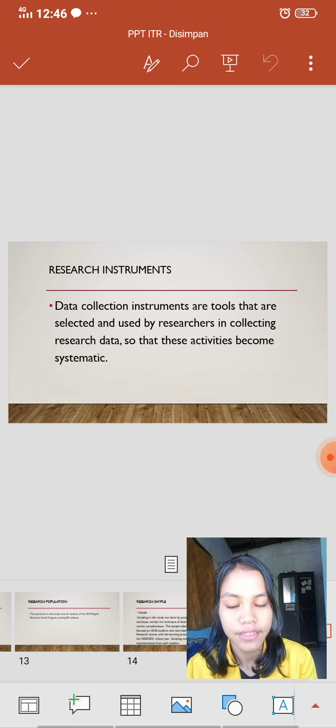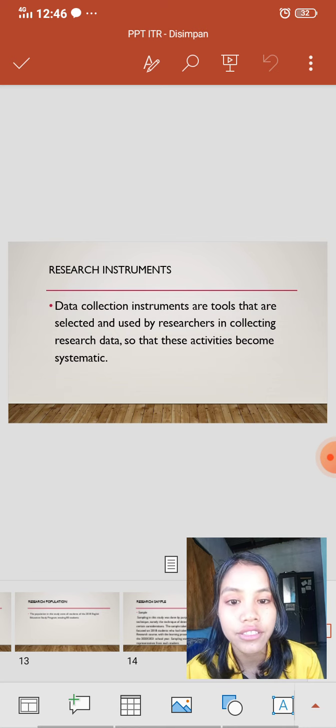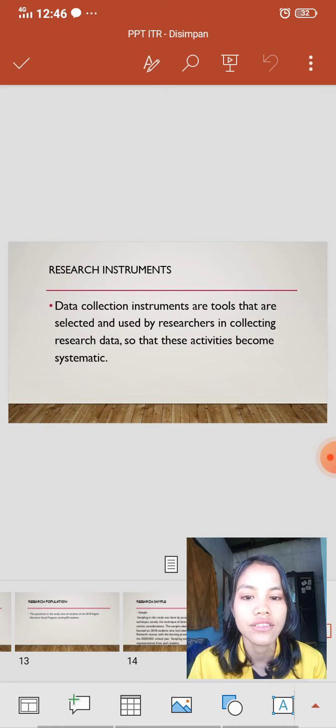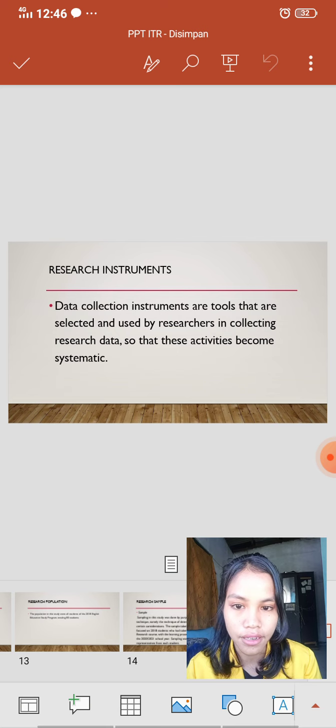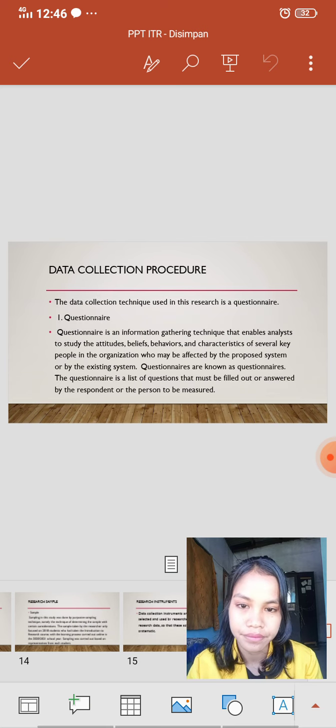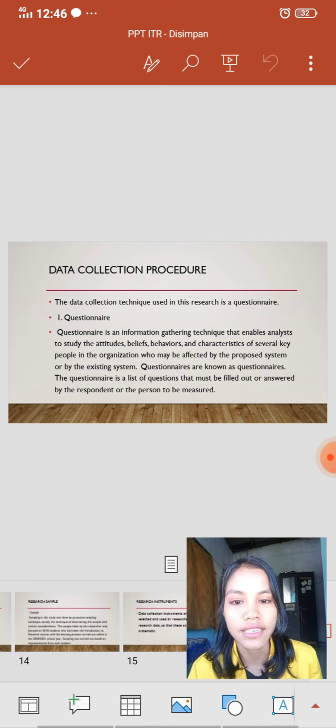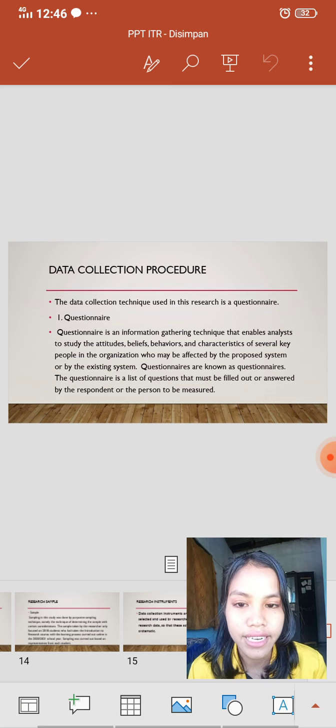Research instrument. Data collection instruments are tools that are selected and used by researchers in collecting research data so that these activities become systematic. Data collection procedure. The data collection technique used in the research is a questionnaire.